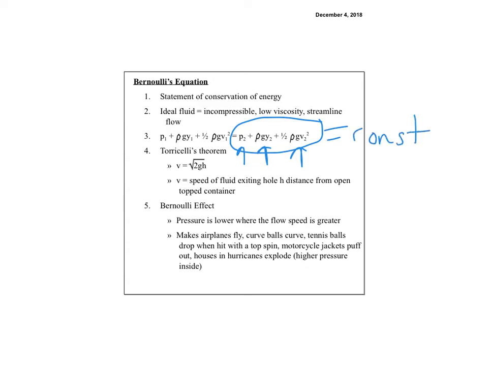If you keep the pressure the same, if this P and this P are the same, then we can ignore those two P's. Let's say you have your tube or something like Torricelli's, then at the top it's basically not moving either, and the pressures are the same on both sides.